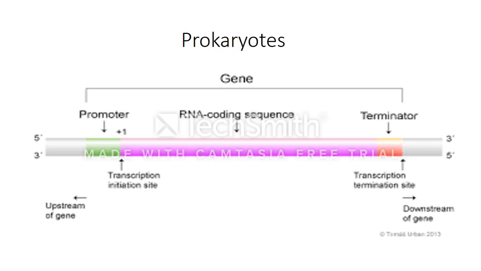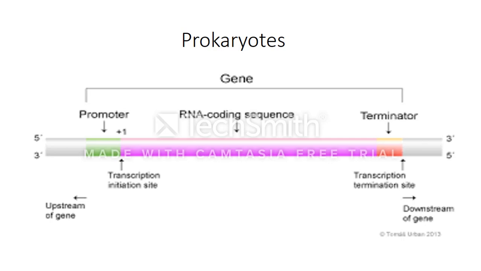Now looking at the coding region, it has a short untranslated region and a translated region. The untranslated region is used as somewhere for initiators to bind for translation. And as I said before, prokaryotes do have self-splicing introns in this region.